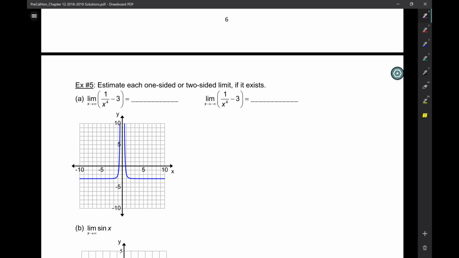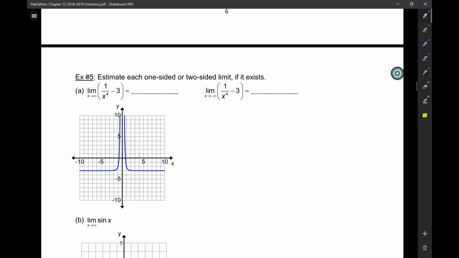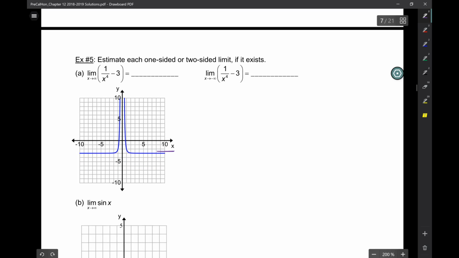If I get on my spaceship and I go to positive infinity, keeping my eye on the graph, what y value is that approaching? Negative 3. What if I'm approaching negative infinity? Negative 3. And with this, because we're not approaching a point, there is no left and right limit here, right? That's only if we were approaching a point.